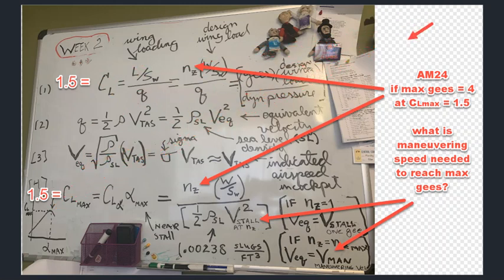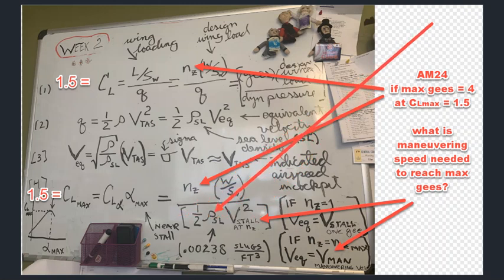So if N sub Z is equal to 4 at C sub L max 1.5, what is the maneuvering speed? So 4 G's over here, that's going to add a 4 to the numerator of the equation, and you have to keep the C sub L max the same. So somehow 4 is going to have to be added to the denominator.